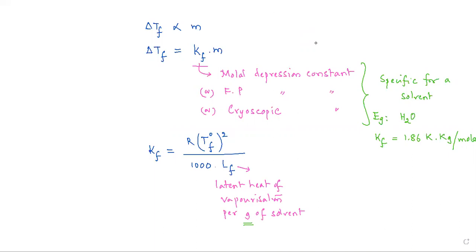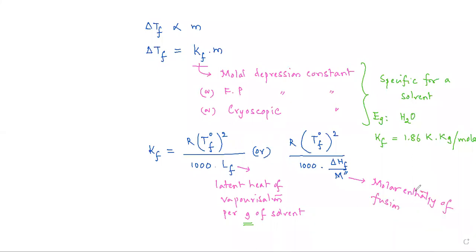Now, when the same is represented per mole, it becomes R T naught F square by 1000 into delta H F by capital F. Let us use M double dash for representing the solvent. Now, this is molar enthalpy of fusion. Okay, it is per mole of the solvent.